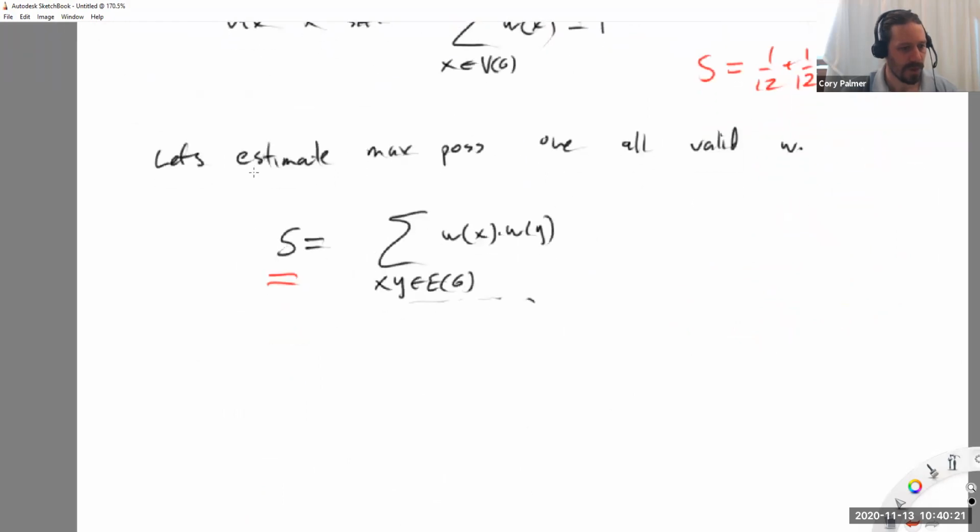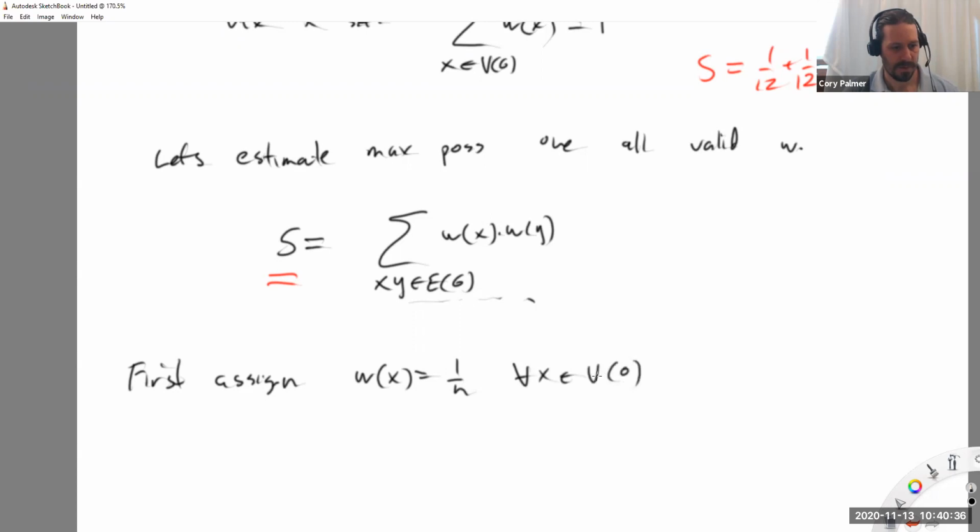So first, assign w_x equals 1 over n for all vertices. That's the first version of this weight function. That's non-negative, and that obviously adds up to 1: there are n vertices, and 1 over n times n is 1.